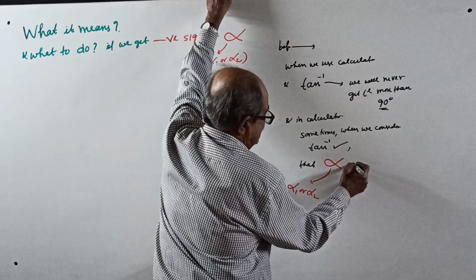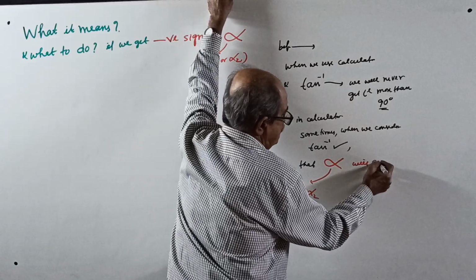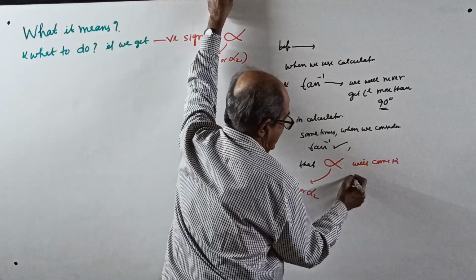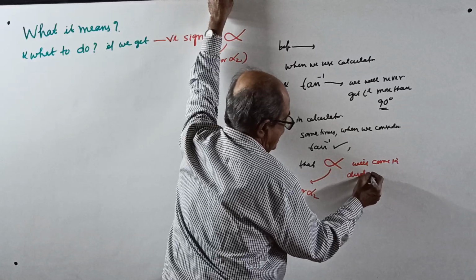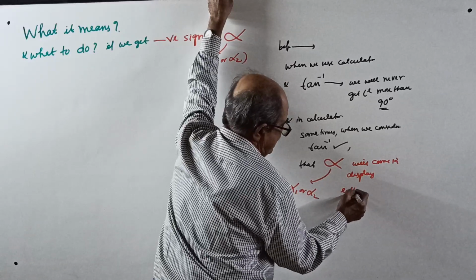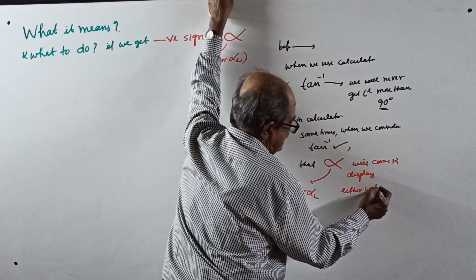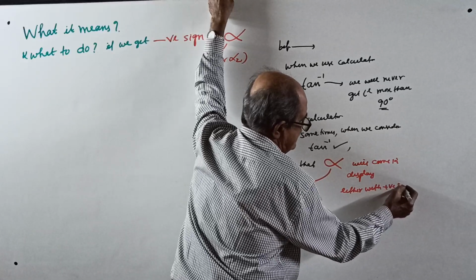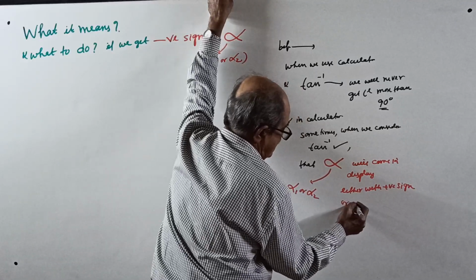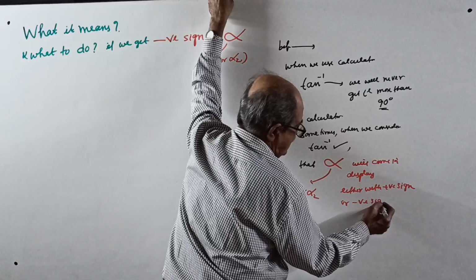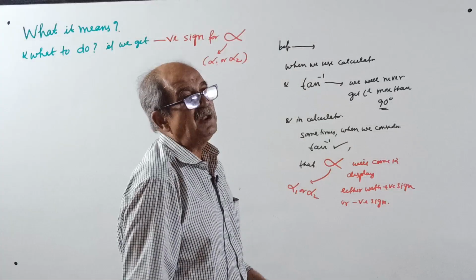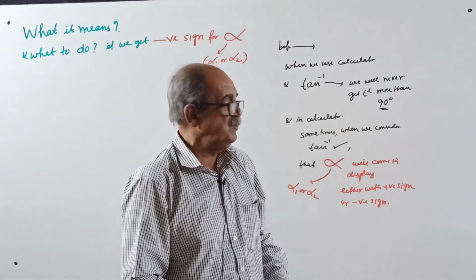That alpha will come in the display either with a positive sign or a negative sign. Actually, for a positive sign it won't show plus; unsigned is positive.